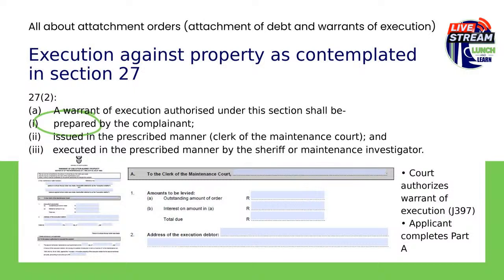So the magistrate would, after they authorize that, request the complainant to fill in part A of that, which basically indicates the amount that is in arrears, together with the interest and then the address of the execution debtor or the respondent in this matter. So that is basically what is meant by the documents should be prepared by the complainant.